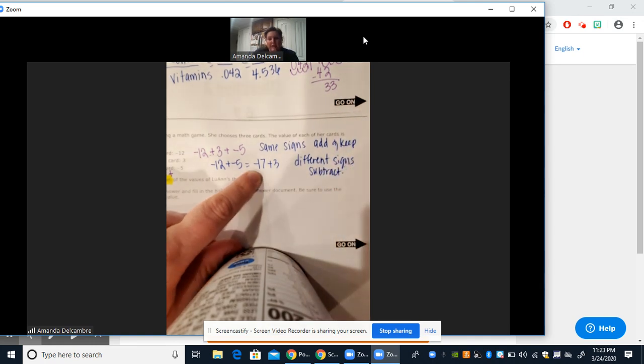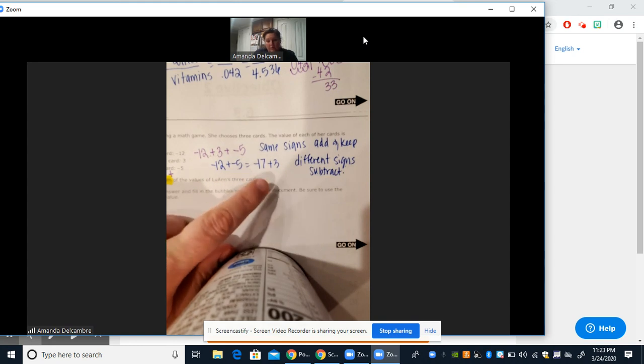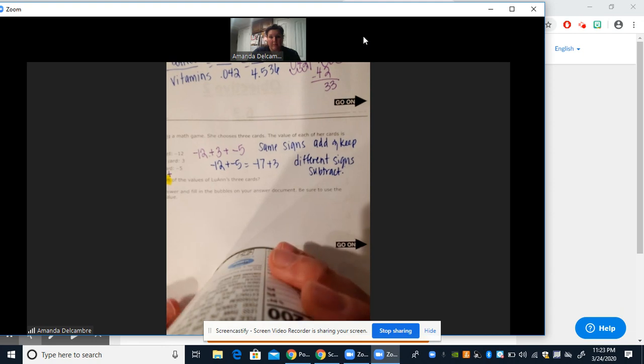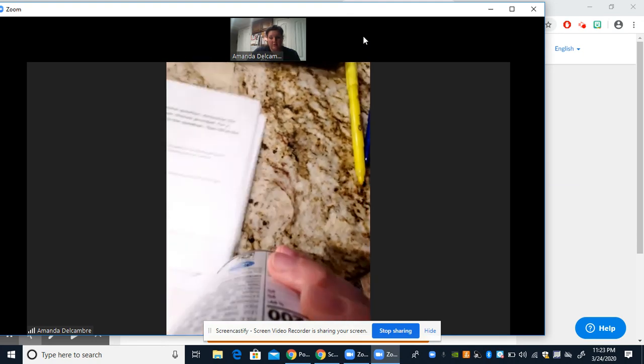And then which one has the larger sign? So which number would have the larger sign as my total? Make sure that when you put this in your Google form, you put down your symbol if it's going to be a positive or if it's going to be a negative. Okay, that's number 33. Let's go to our next question.